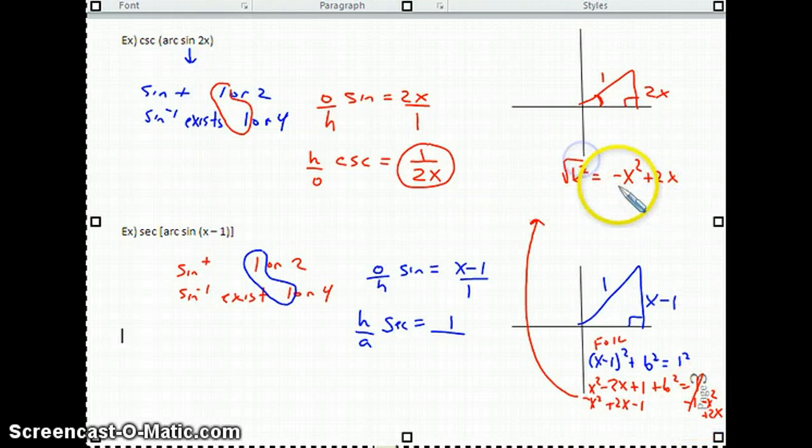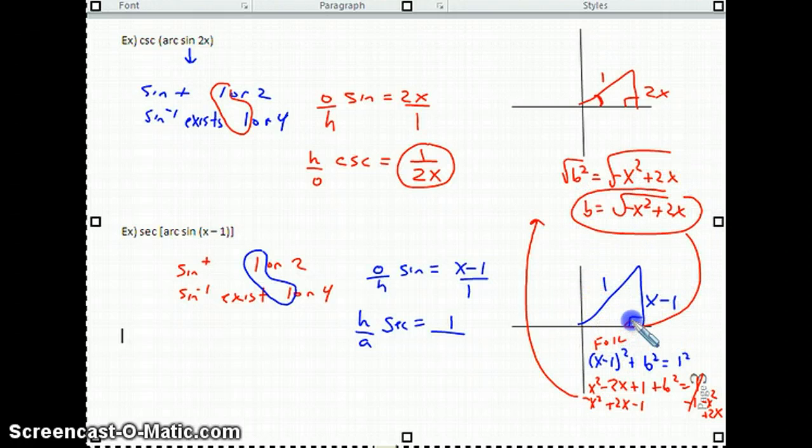And then to get rid of the squared, I take the square root. So b would be the square root of negative x squared plus 2x. So that would be this side of the triangle here. So that means the adjacent side would be the square root of negative x squared plus 2x.